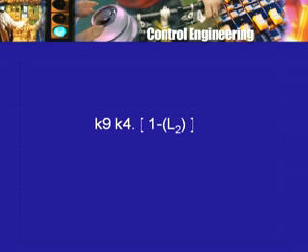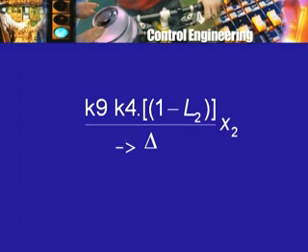Plus, are there any loop pairs such that neither of them involves any one of the nodes that occur along this path, namely y1 and y3? The answer is no. So that's all, divided by delta. This is the coefficient of x2 in the expression for y1.